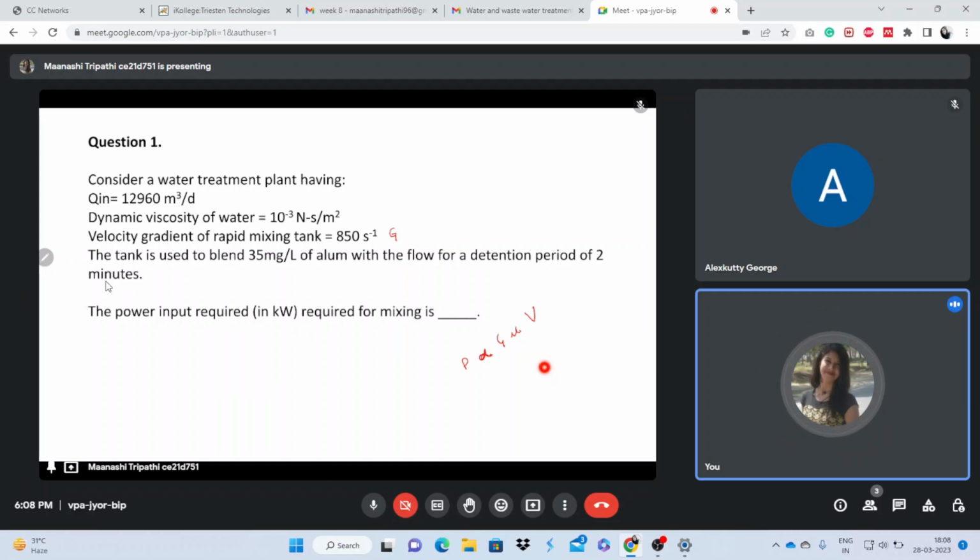Just to show you how it is related, I am not writing the power as well as the volume value, so that you can use your own notes to solve this problem. P we will get in watts. Here the question is in kilowatt, so be mindful of that. I'll give you a minute to solve the problem, then we will see the answer.